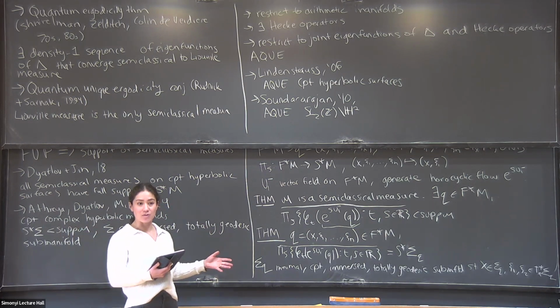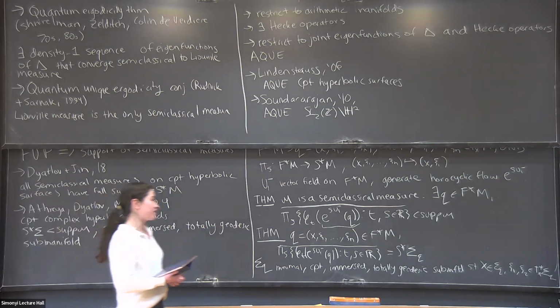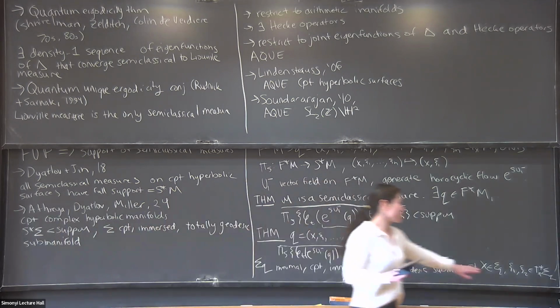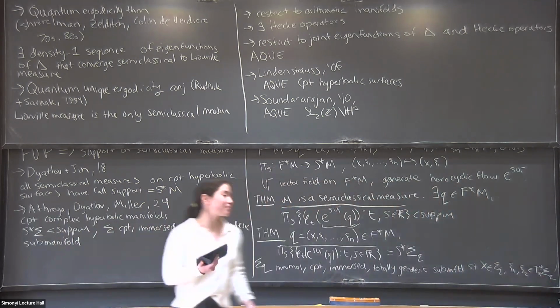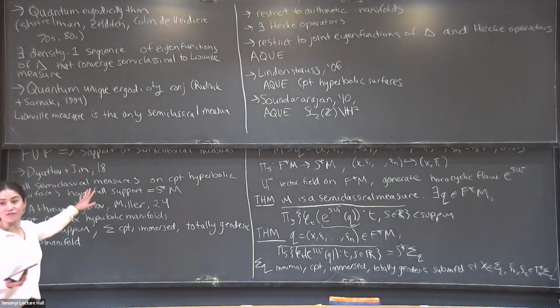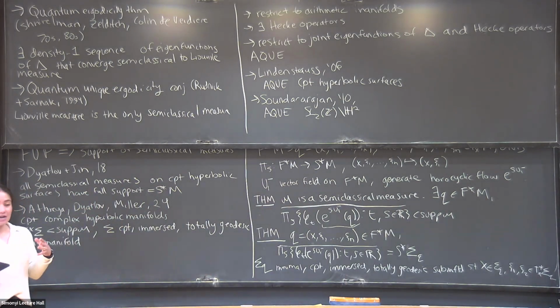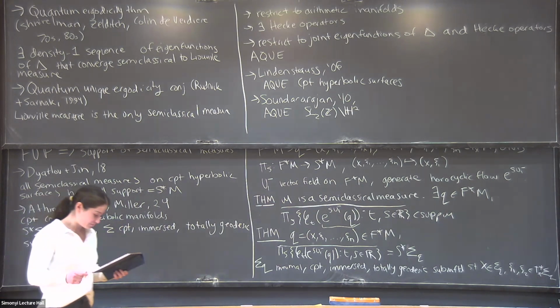So there we get full support. Another trivial observation is because of this fact here, sigma q is at least two-dimensional. So then that replicates this result of full support in 2 dimensions. We don't know anything for higher dimension non-arithmetic hyperbolic manifolds, if there's any cases where we can rule out totally geodesic submanifolds. So that's all we can say for that.